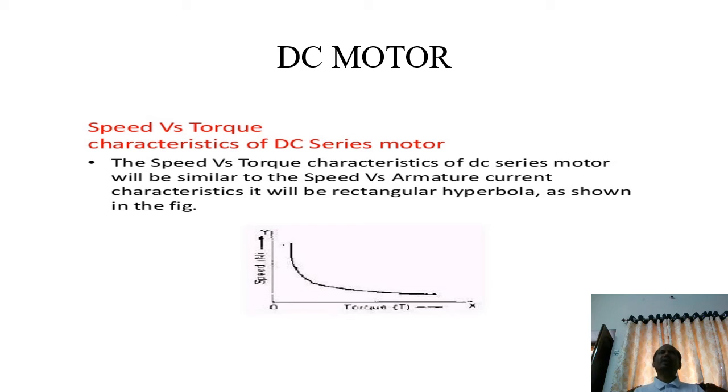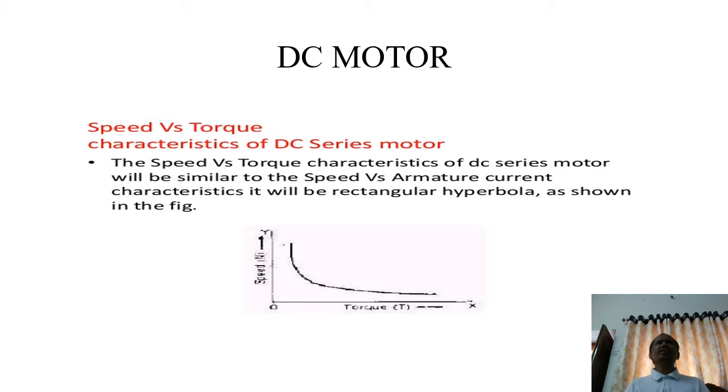When we consider the DC shunt motor, the shunt field is connected in parallel with the armature winding, which is connected across the supply voltage.